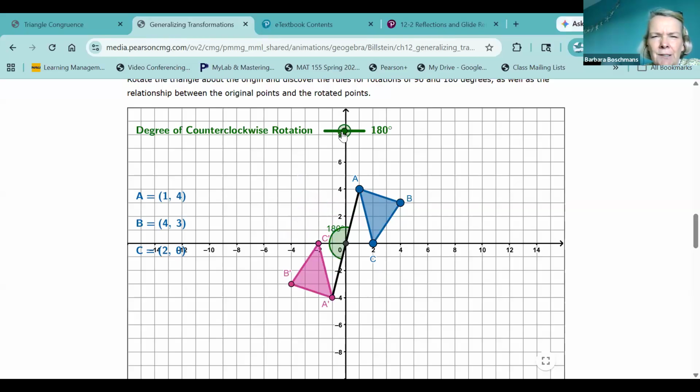You'll then use the slider to go to 180, jot down those points. You will go to 270, get them down, and 360 maps it back onto itself. So for each of those angles, you want to write down the coordinates for A prime, B prime, C prime of that pink triangle.